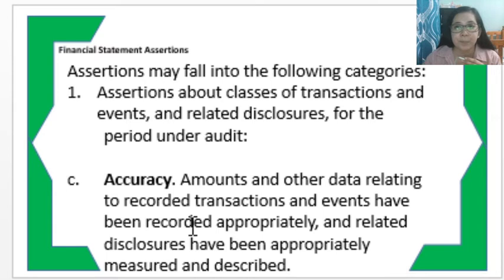So here, the auditor will determine if the transactions were recorded and measured appropriately in the proper amount accounted for such transactions. So if you could still remember in your financial accounting, we have the guidelines based on the standards on how to measure a certain account. So this should be determined by the auditor.